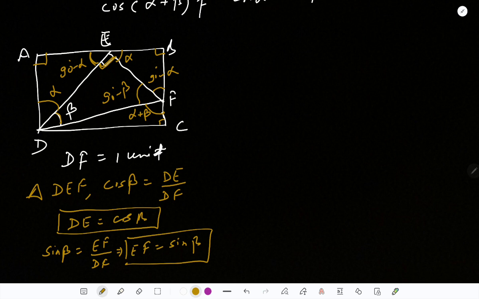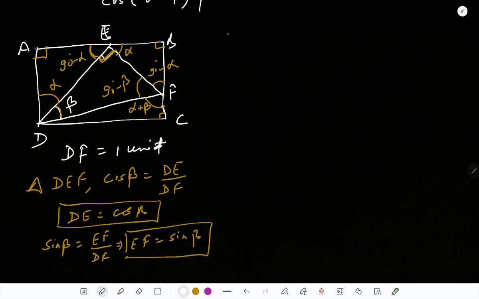Now consider the triangle ADE, this left triangle. You can see there is an angle alpha, so just try to find cos alpha and sin alpha.